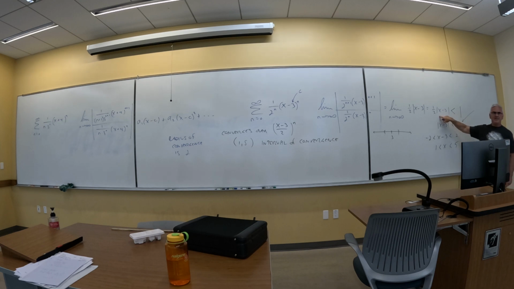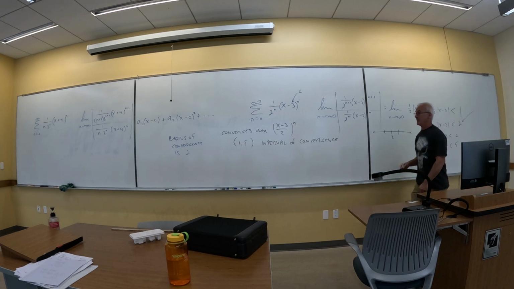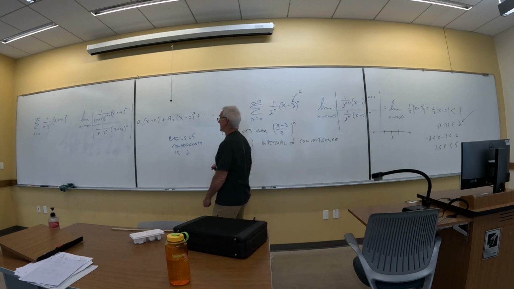If I didn't have the absolute value here, would I get the same interval? No, I'd get negative infinity to positive 5, which is kind of different than 1 to 5. Everybody understand that? Negative infinity to positive 5 is an infinitely large interval. This is a really small interval. Okay? If I don't have the absolute value, it's impossible to get the same answer. Okay? So I want to make sure I don't forget that.